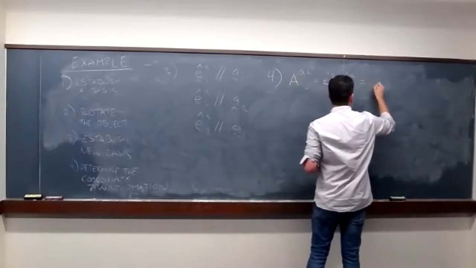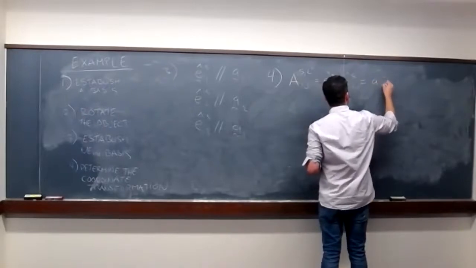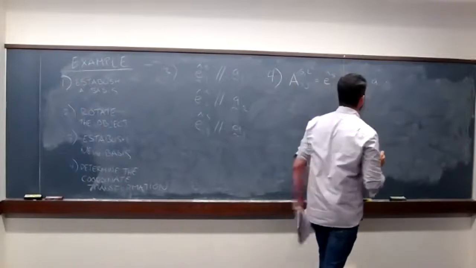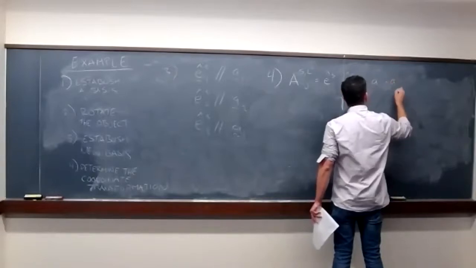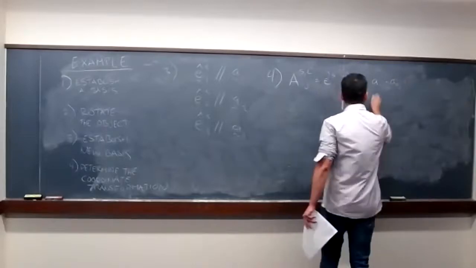And what's nice is that's equivalent to dotting the rotated vectors with the unrotated set.